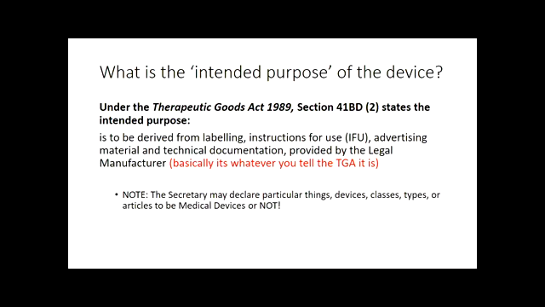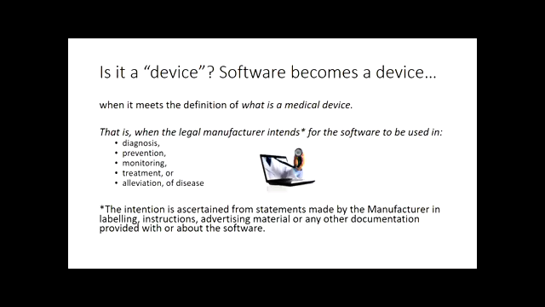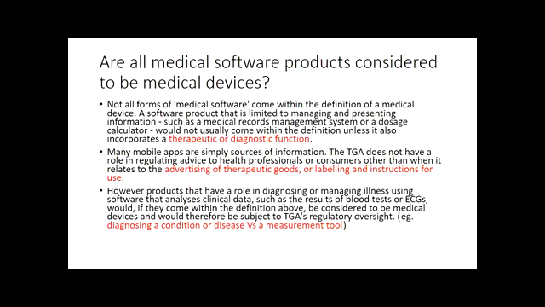So if you say, oh no, my software just provides information to help in the diagnosis of, but on the box you've put diagnose so-and-so condition, then that's obviously a problem. All right, so does it provide a diagnosis, prevention, monitoring, treatment, or alleviation of disease? Okay, so as we said, therapeutic or diagnostic function.